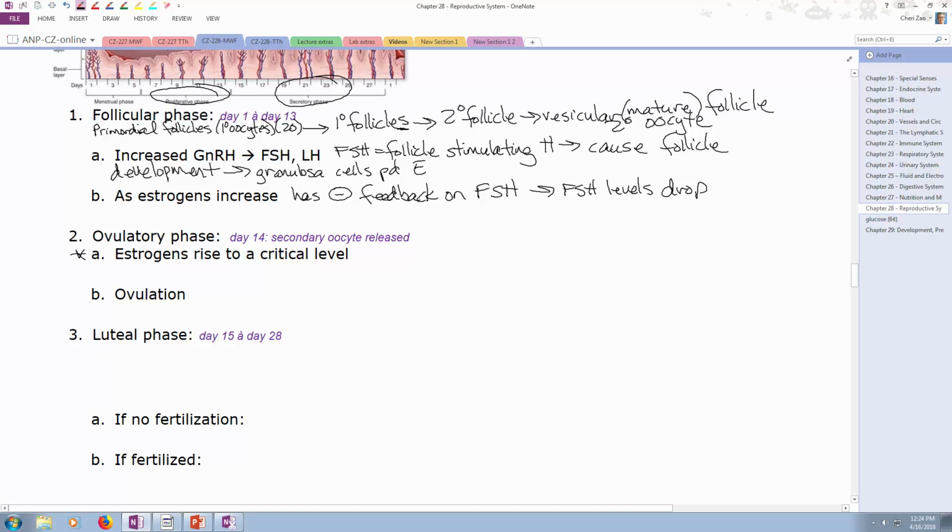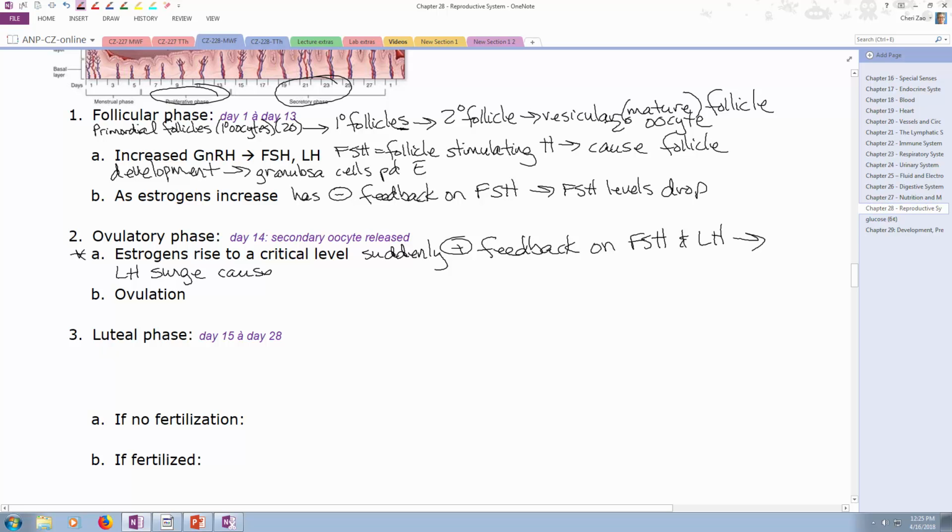And that's coming from the mature follicle. That critical level of estrogen is coming. So now, suddenly, we have positive feedback on FSH and LH, and it causes a surge. The one that we want to pay attention to is the LH surge.